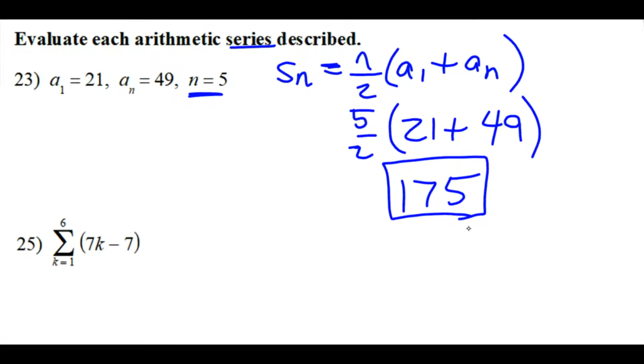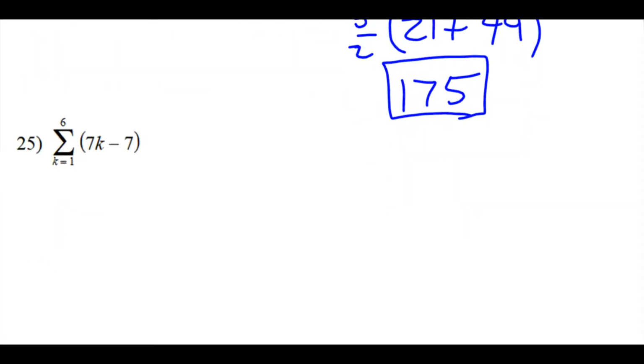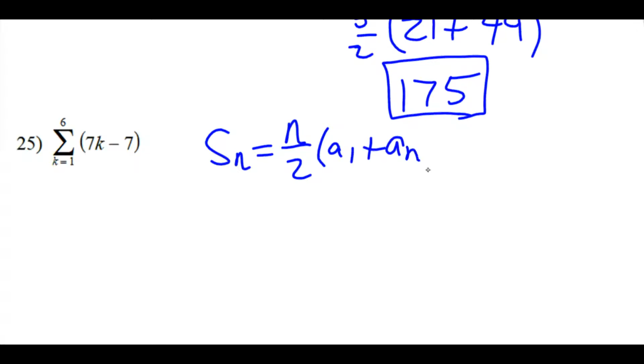Now the next one, I know people always freak out when they see that sigma symbol, but sigma means sum. It's the same thing. So if you look at the same formula, we still need to know those same things. Now n is the number of numbers.